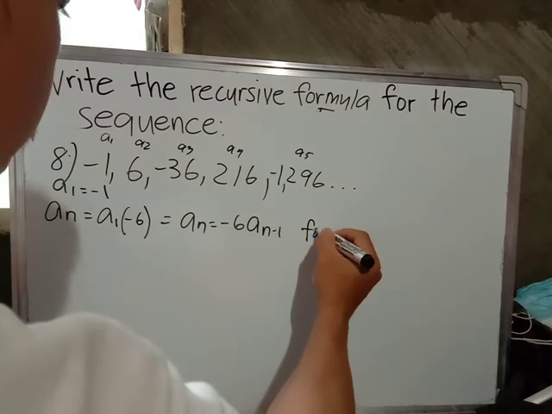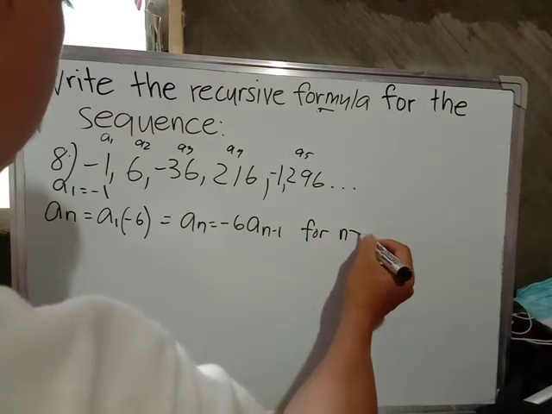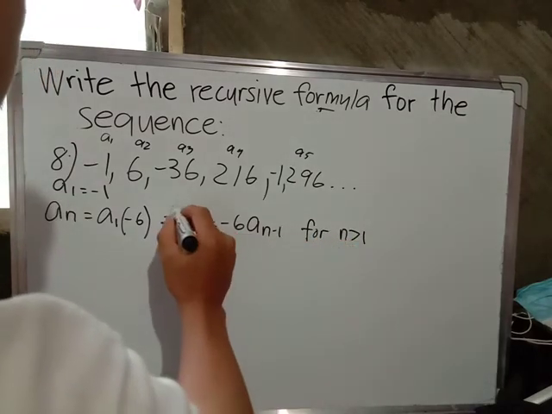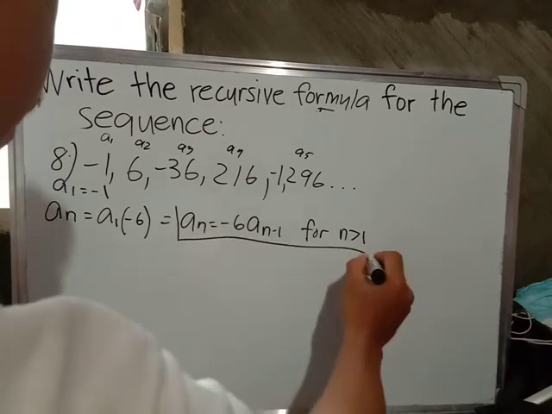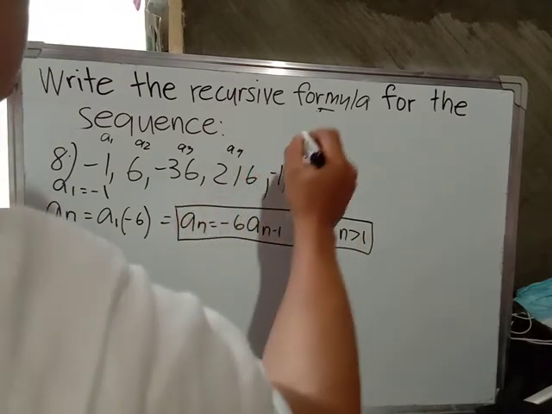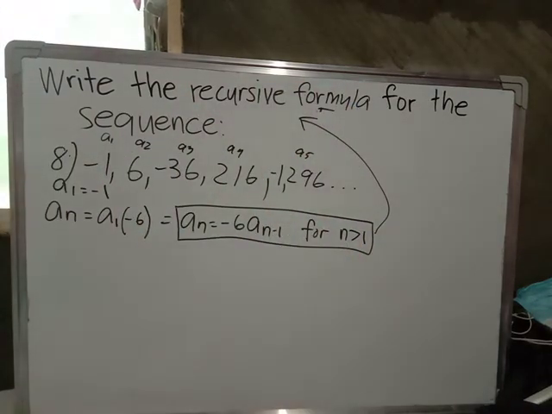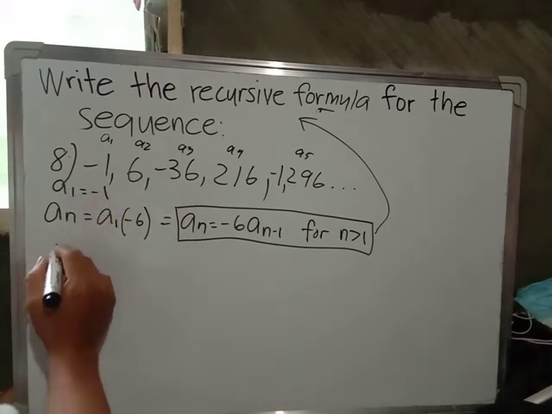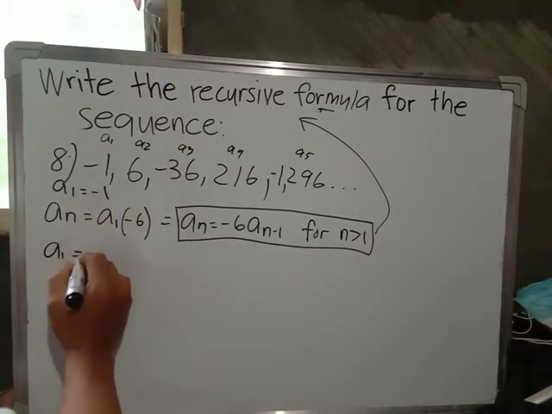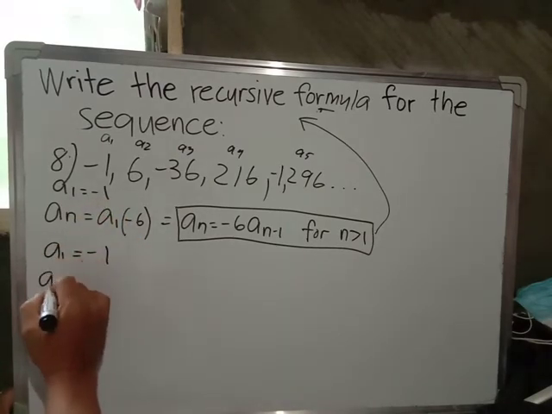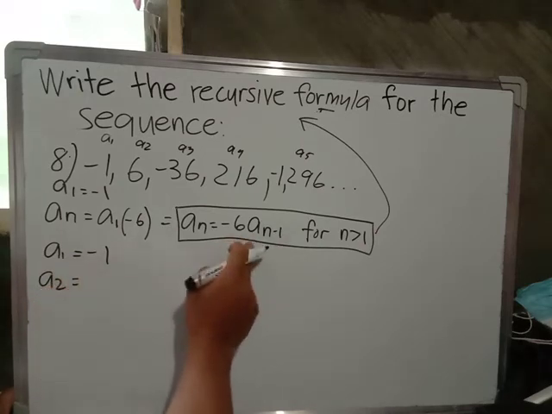For n must be greater than 1. So, ito na ang recursive formula natin. Sige, try natin kung tama. Since given naman si E1, E1 is equal to negative 1. E2, apply na natin dun sa formula.